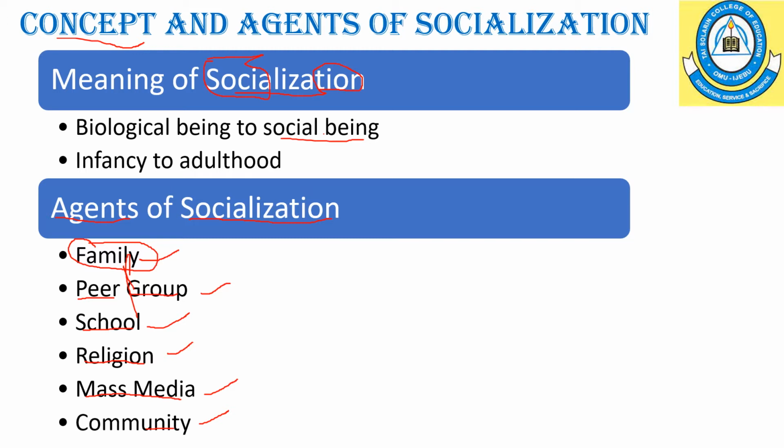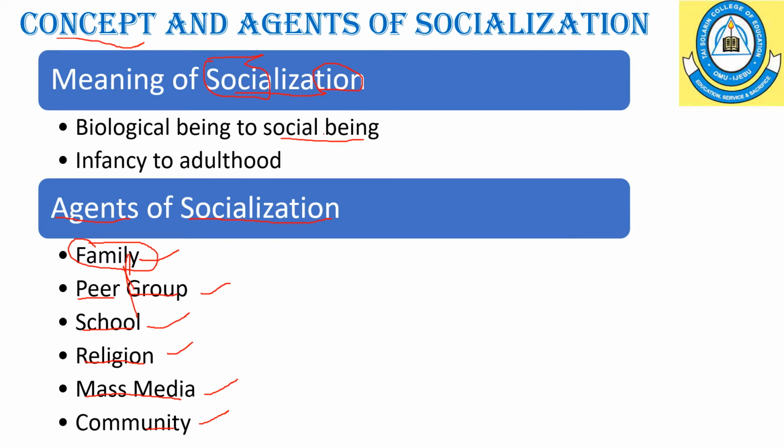The first point of contact for every child in every home is the family, followed by the peer group. Then we have the school, the religion, and the mass media. Then we can talk about the community.